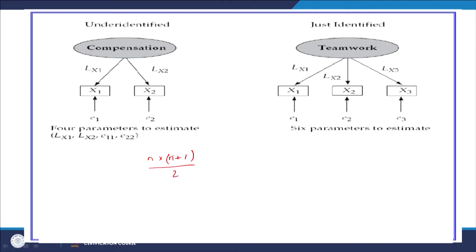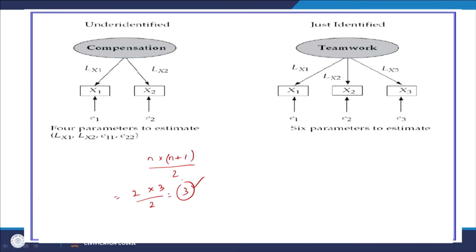In this case, how many variables are there? 2. So 2 into 3 divided by 2 is equal to 3. So you have 4 parameters, and as per calculation you should have 3 data points.